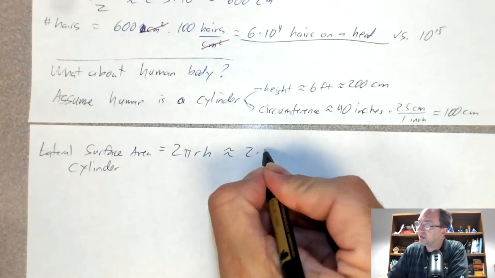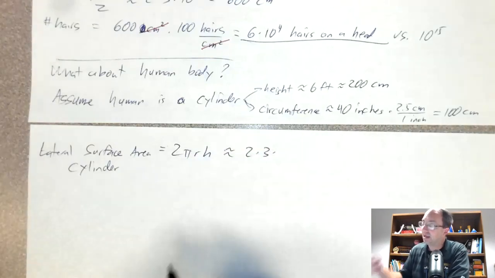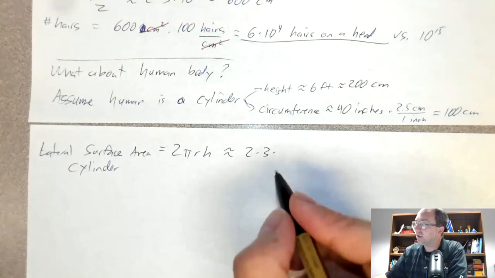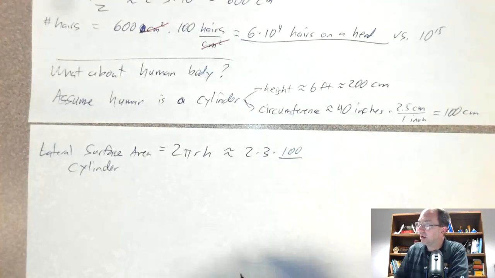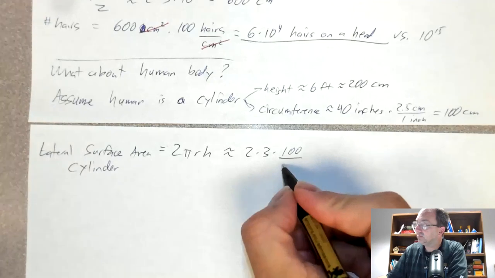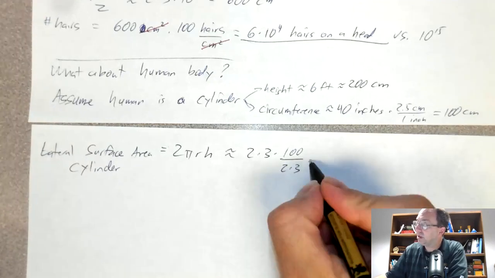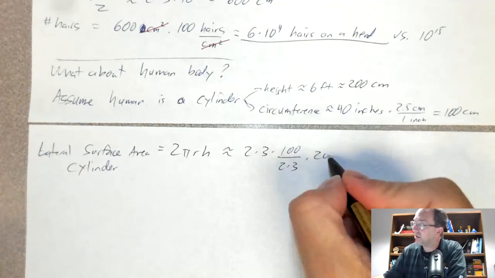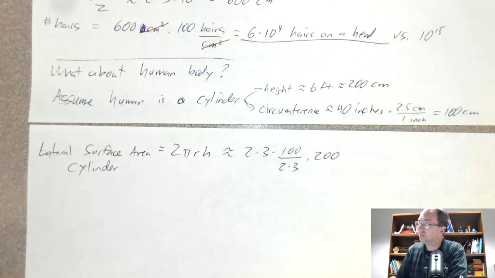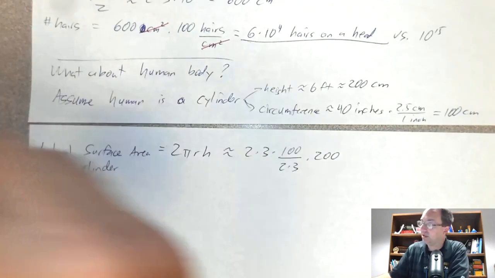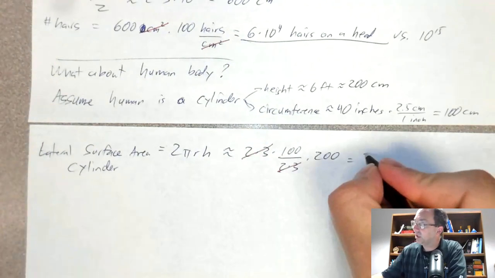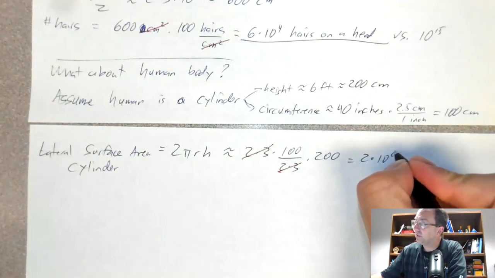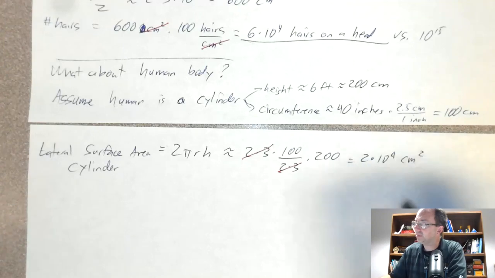So that's going to be 2 times 3 times the radius, which would be 100 divided by 2 pi, 2 times 3, and then times the height, which is 200. Conveniently, the 2 and the 3's cancel, so we're just left with 2 times 10 to the 4th square centimeters.